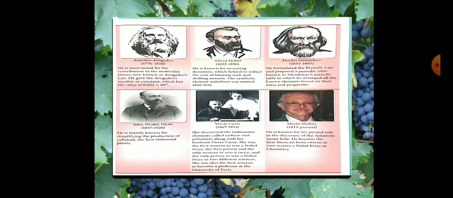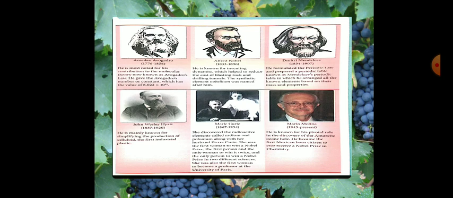Now, Amadeo Avogadro gave Avogadro's law. Alfred Nobel is known for inventing dynamite. He also discovered the element called nobelium. Next, you can see Marie Curie.